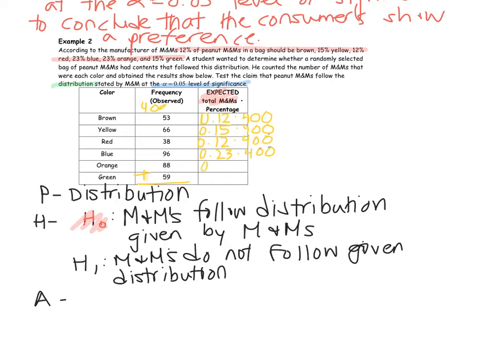And 23% are orange. And then finally 15% are green. I'm having a hard time saying different colors but writing in yellow. It's confusing me. Okay, so we would calculate that out and we get our totals.